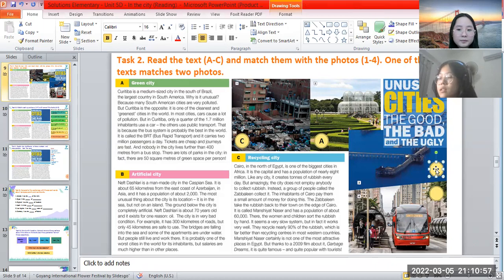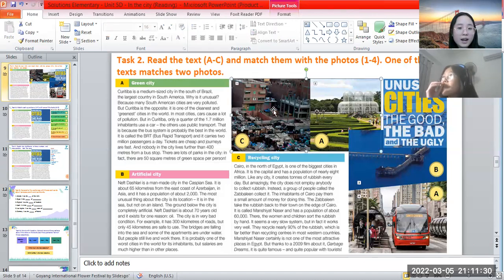B. B. And the last one? I choose paragraph A. Okay, so the last one is A.